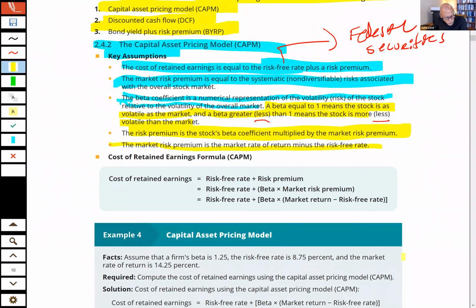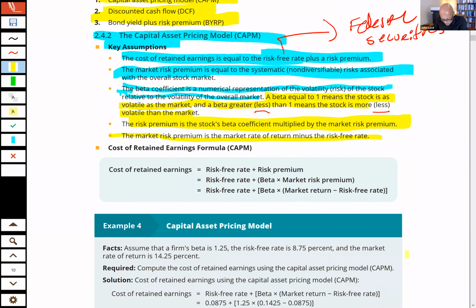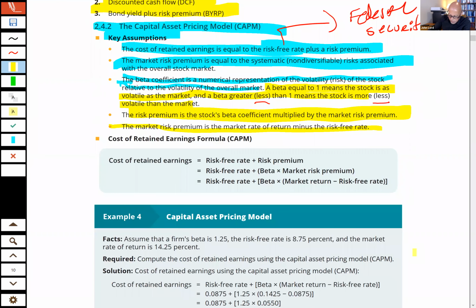Okay, so you come over and you can see the cost of retained earnings. And notice right here, guys, is what I'm going to ask you to flashcard. You're basically probably going to be given those factors in a question.